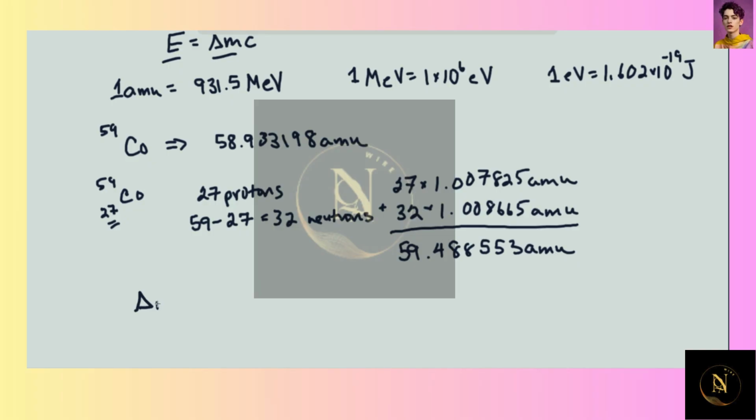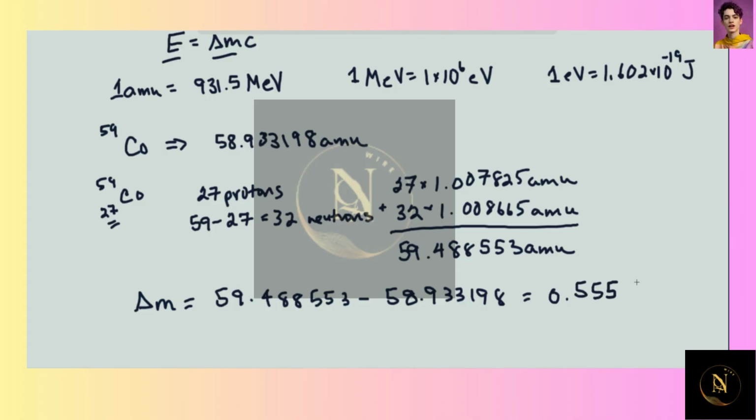So our mass defect is what the mass should be if we added up all the parts, minus the actual mass, which was given to us. Or in this case, 0.555357 AMU.